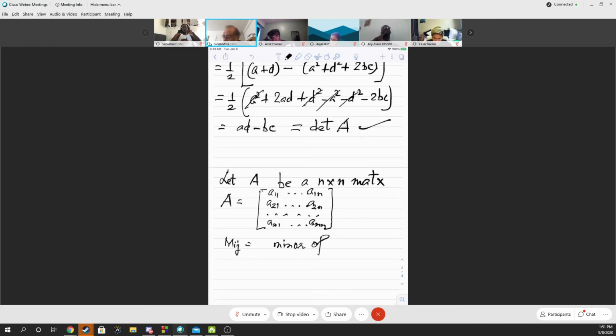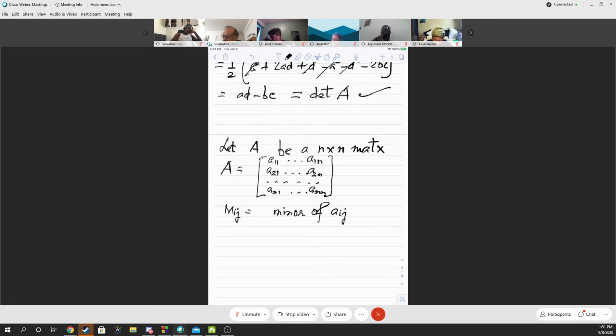The minor of Aij is the determinant of the square matrix obtained by eliminating the ith row and jth column.